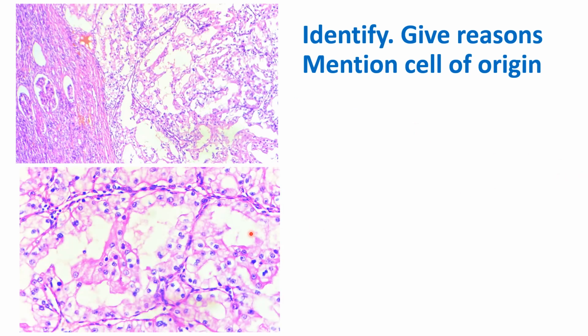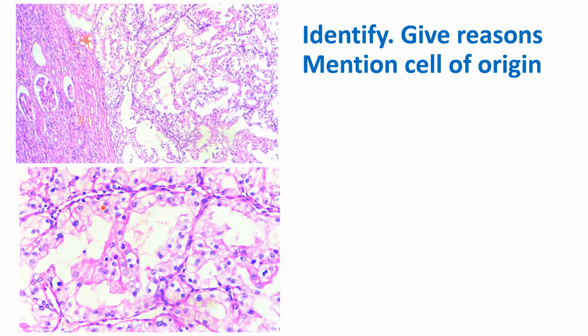This is the high power view of the same lesion. What is important is the appearance of the cells. They appear clear. Cytoplasm is clear because during the processing, H&E staining, the glycogen and the lipid in these tumor cells has been washed off. So they appear clear.